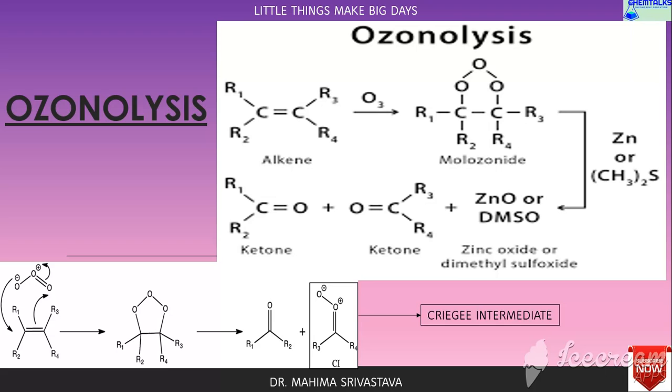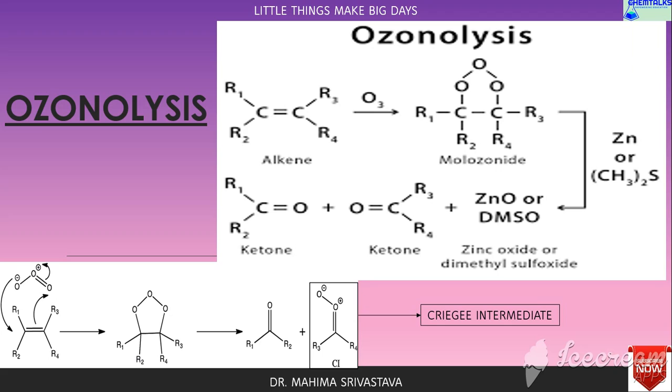The carbonyl oxide molecule shown below, I have drawn in the black box. This is known as a Criegee intermediate. So the dipolar cycloaddition of ozone to alkene results in the formation of the primary ozonide, or Criegee intermediate.